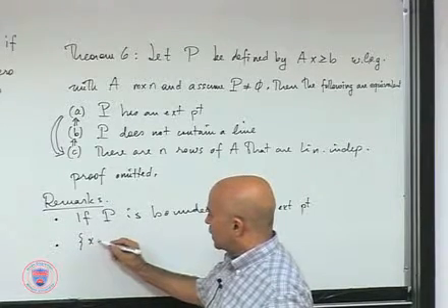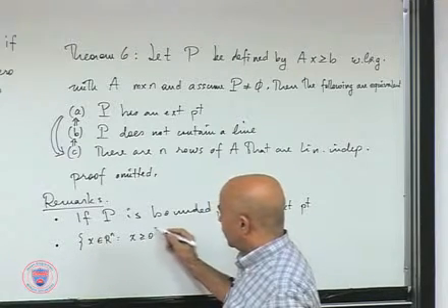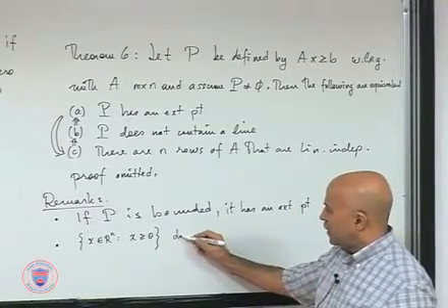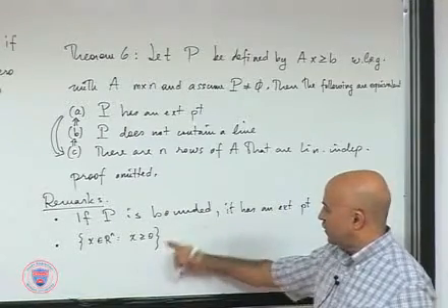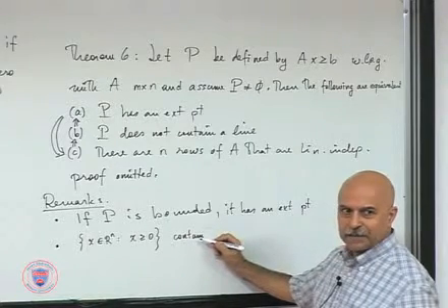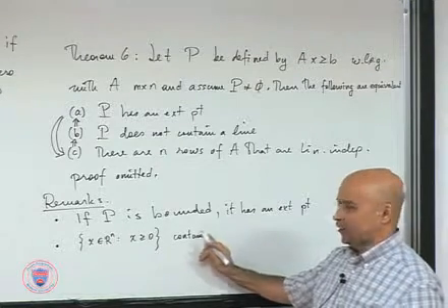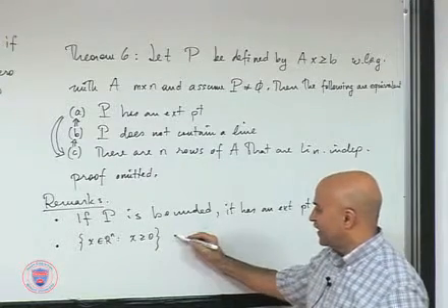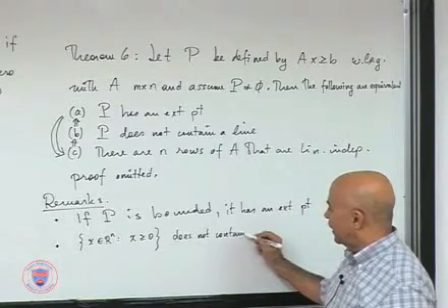What about the set consisting of non-negative vectors? Does this set have an extreme point because it contains a line? Or does it? It does not contain a line.